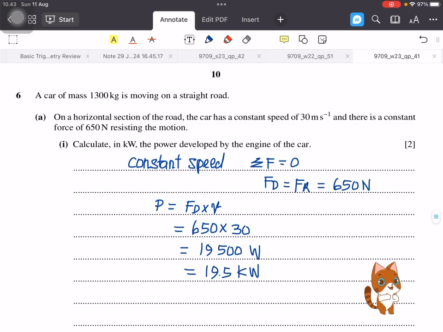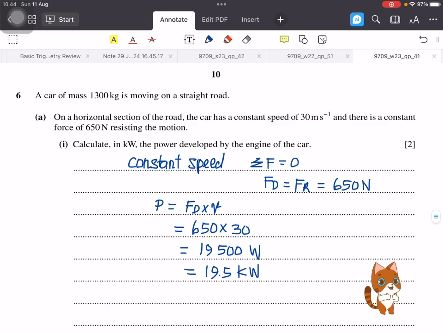So, since the car moves with constant speed, then the net force is equal to 0. It means that the driving force is the same as the resistance force. It's equal to 650 Newton.